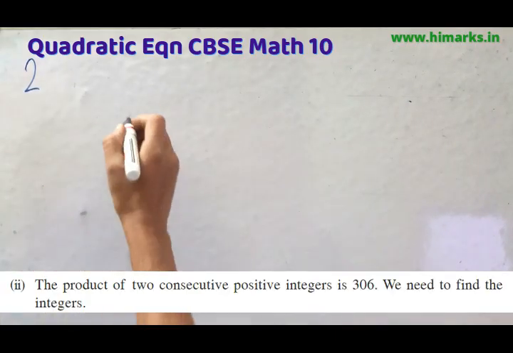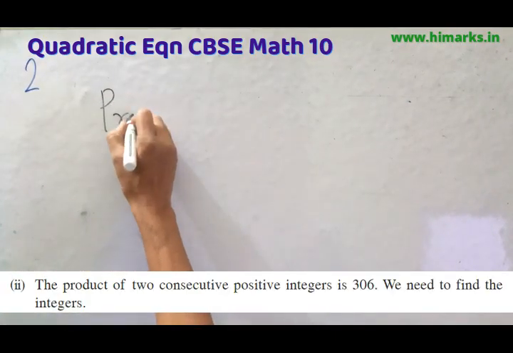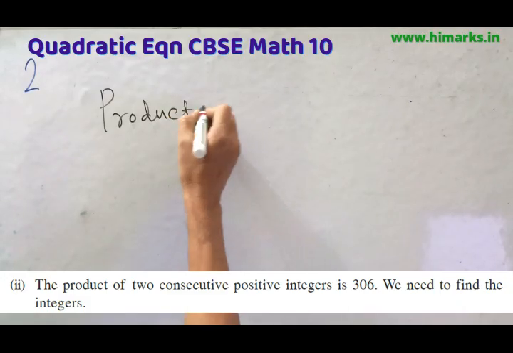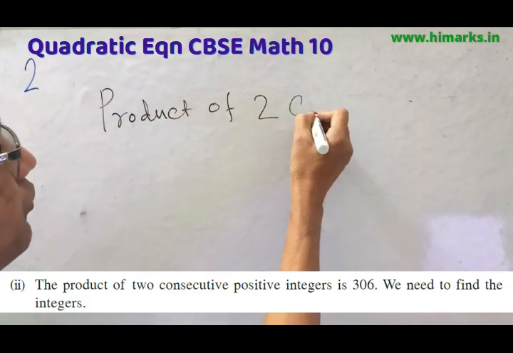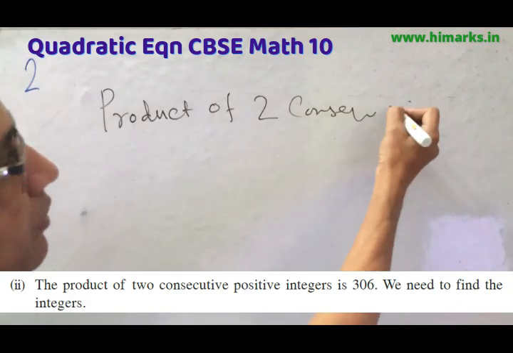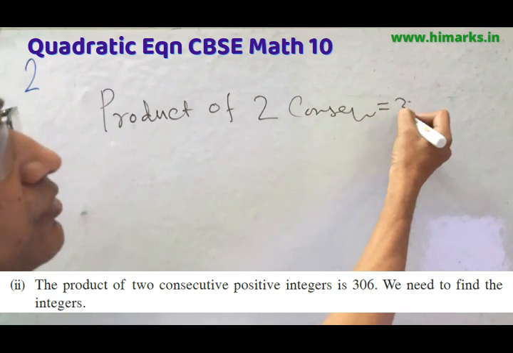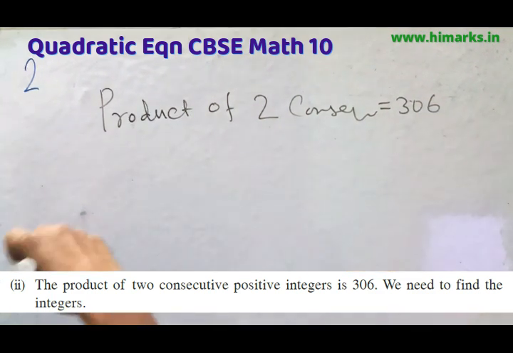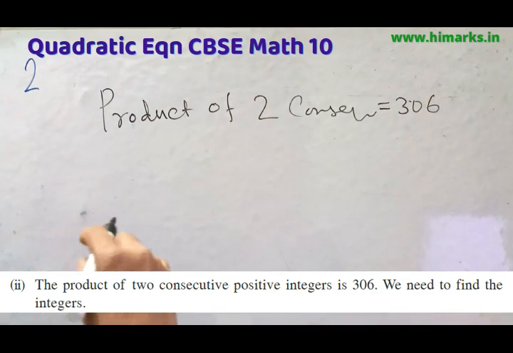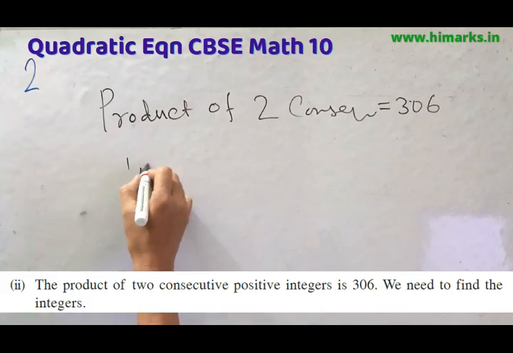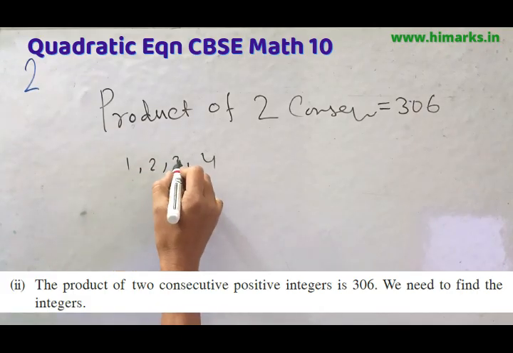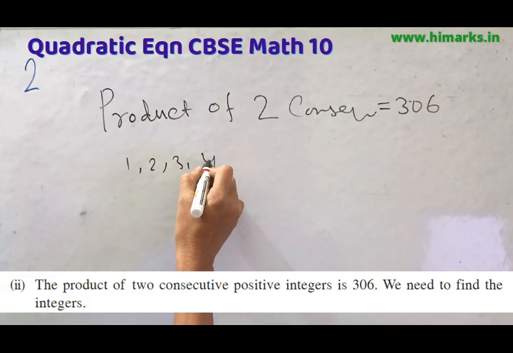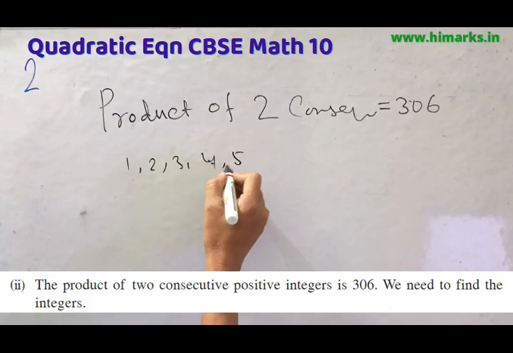See the next one: the product of two consecutive numbers is equal to 306. So what does consecutive number mean? 1, 2, 3, 4. So 3 and 4 are consecutive numbers. 4 and 5 are consecutive numbers.